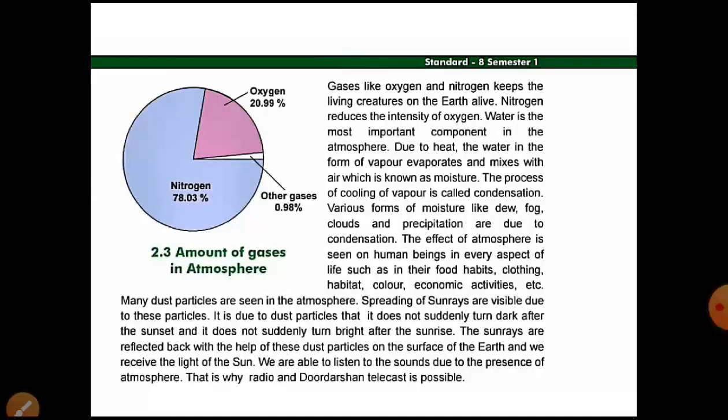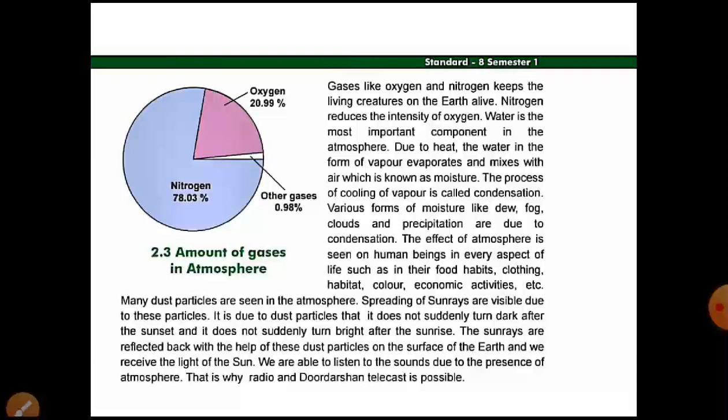Why? Because at the equator there is more heat and at the polar region there is cold. Likewise, economic activities will be different, and clothing, habitat, color, food habits also. All things are affected by the atmosphere.